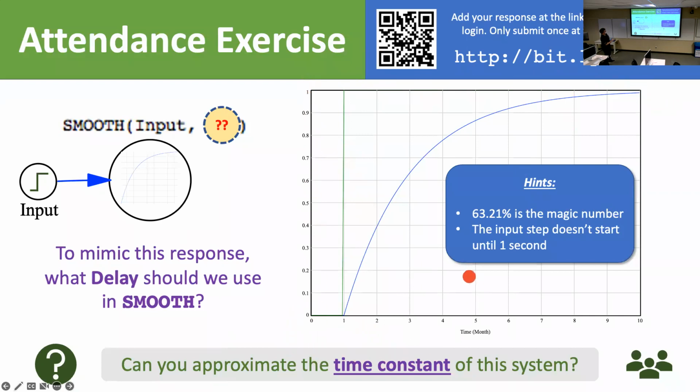The question is, if this came from a real system, where this is the step that we put into the real system, and this is the response the real system gave us, then what would be the time constant that we would read out of this system? Anybody have a guess at that, or can read it from here? I can show you this is about 50% right here, 60%, 70%, 80%.